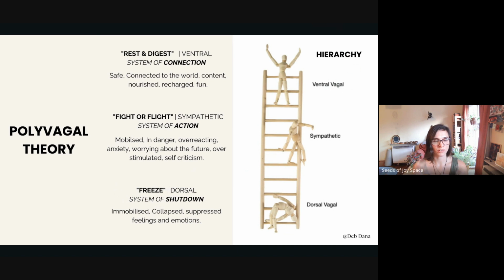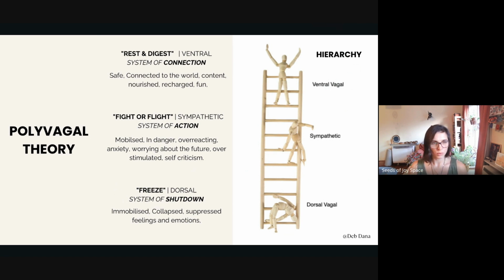So it's a very active state, and we can have this sense of being overstimulated, and it can result as well in being very self-critical and worrying a lot, anxiety, because there is that sense of urgency all the time, overexcited, overwhelmed. So a lot of energy. It can feel quite chaotic as well. So that's the sympathetic energy, the fight or flight.